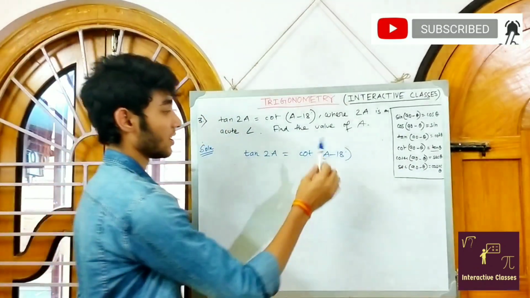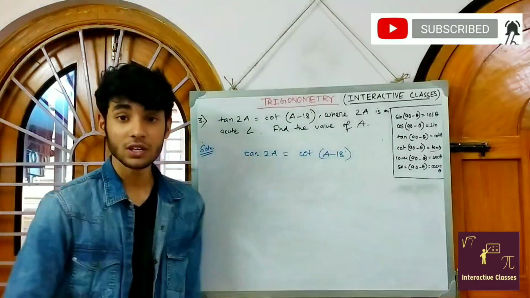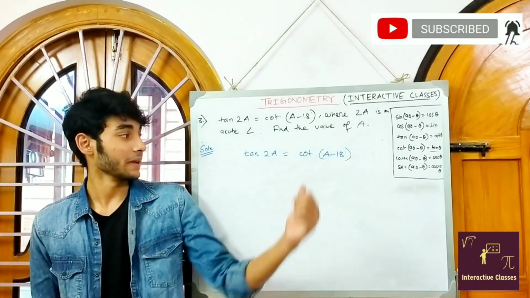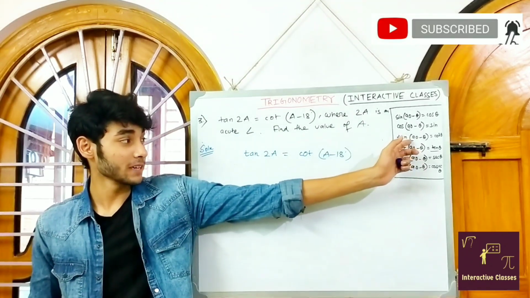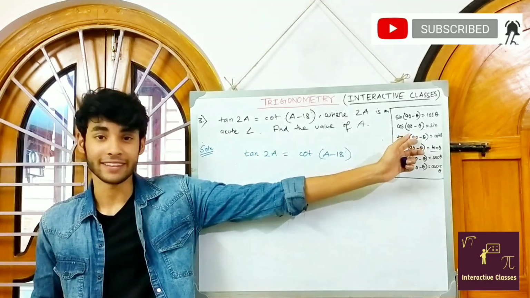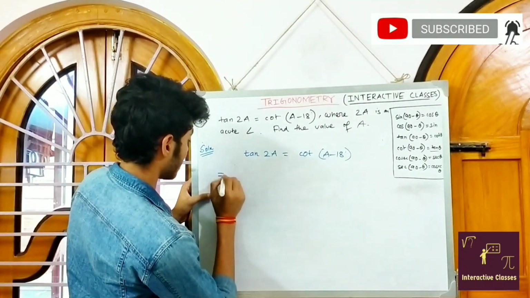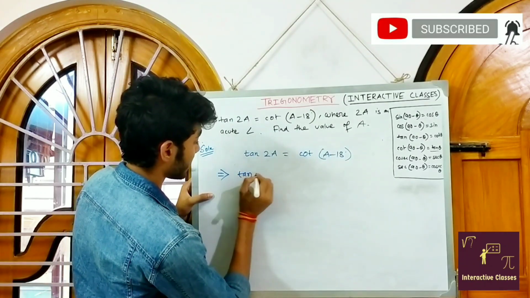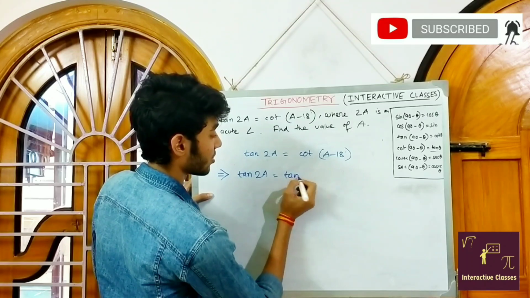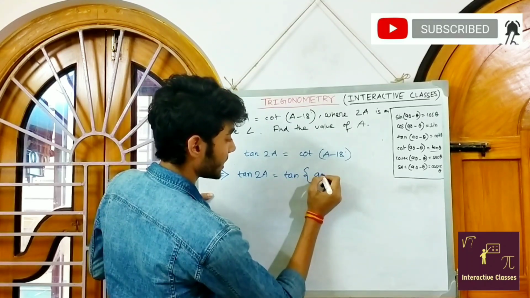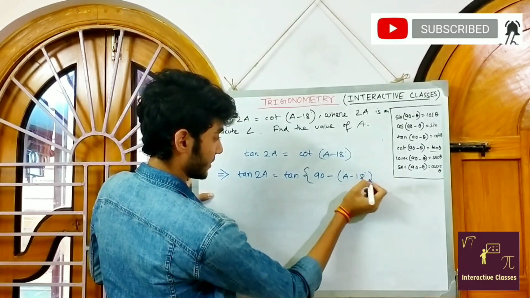If we consider A minus 18 as theta, we can express it in terms of tan 90 minus theta. So let us do that first. tan 2A equals tan 90 minus A minus 18 degree.